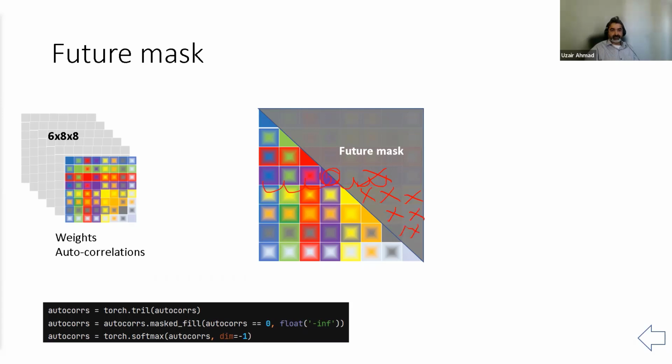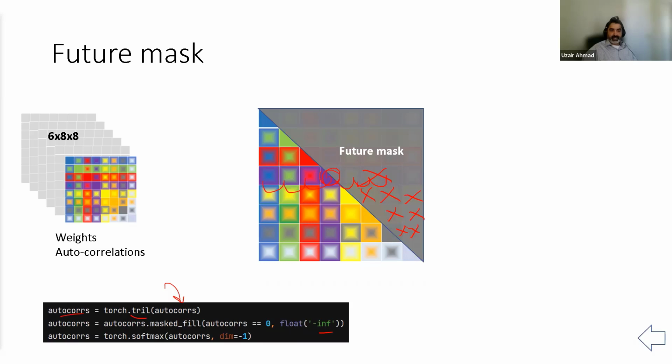Not allowed. So in PyTorch, we have a lower triangular extraction function from a square matrix, tril. We apply that, and this gives us the lower triangular values. We can say, okay, the upper triangle, you fill it with minus infinity.